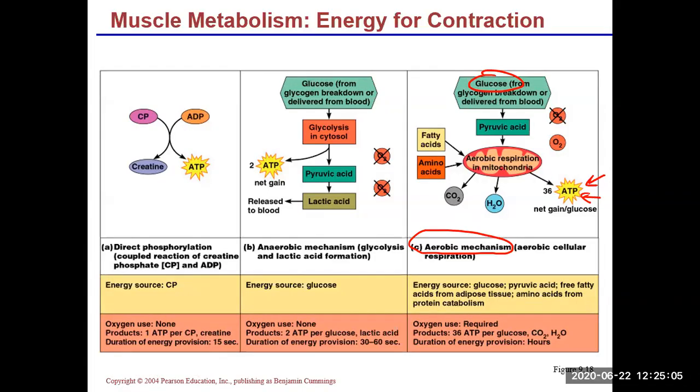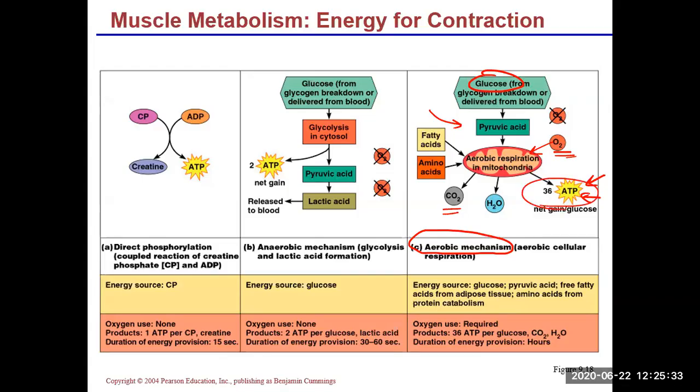Glucose breaks down through glycolysis, and then it changes to pyruvic acid. Once the pyruvic acid is reached, it can go into the mitochondria along with other macromolecules. And when oxygen is present, you give off carbon dioxide. We discussed this already, the site of cellular respiration. You're making water, but also you're making a lot of ATP.